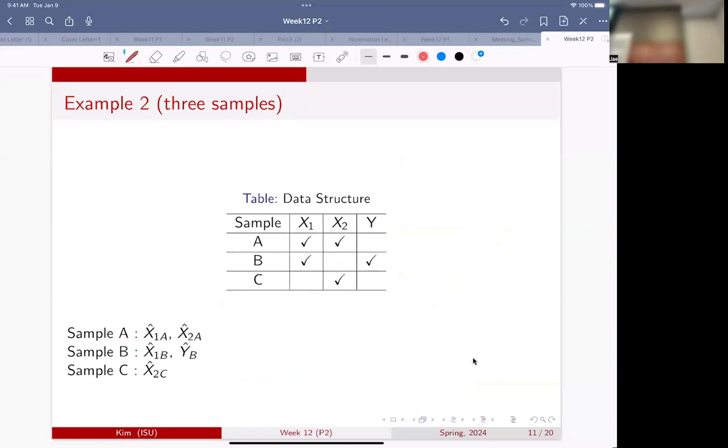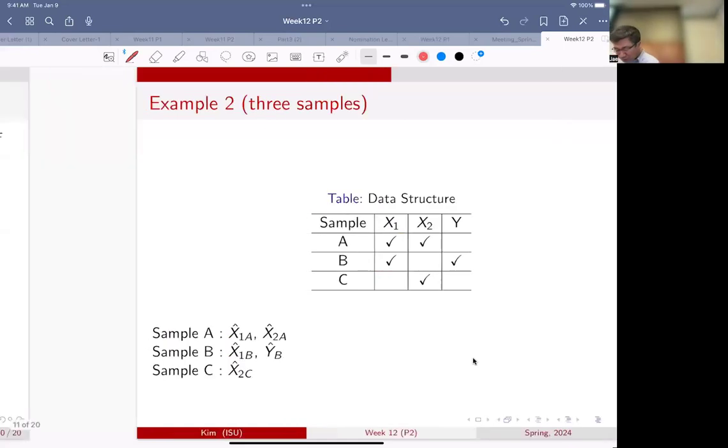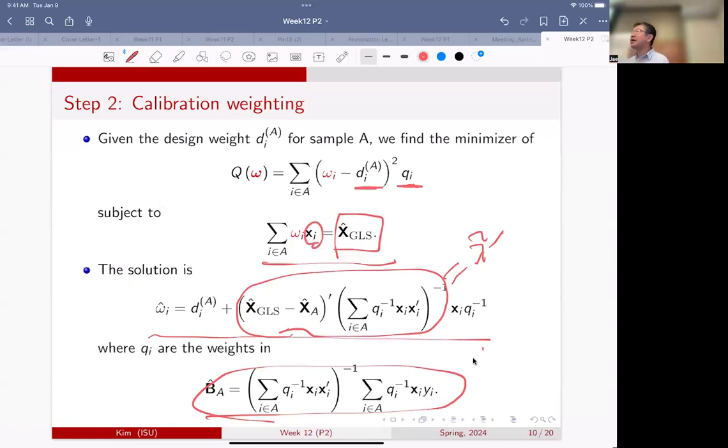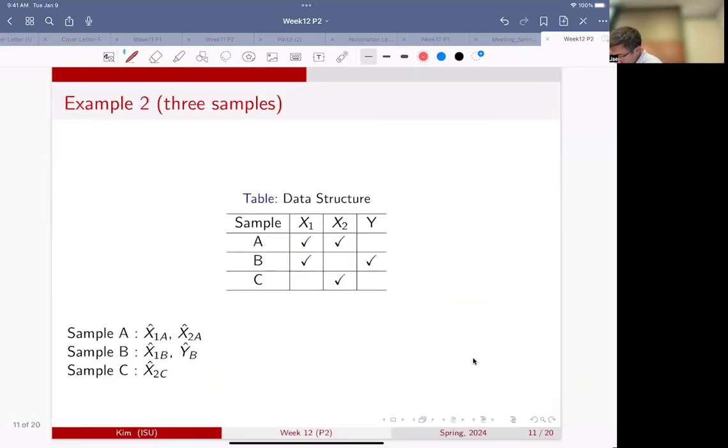Previously, this y is measured in here. In that case, calibration is a little bit easy because we observe all xi in sample A. So in this case, I observe all x, so the calibration is easy to construct with sample A.